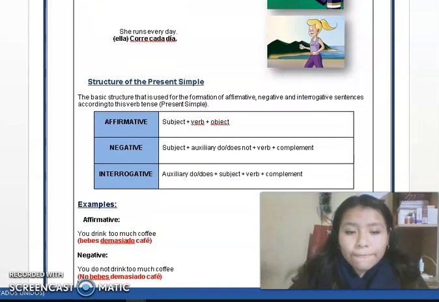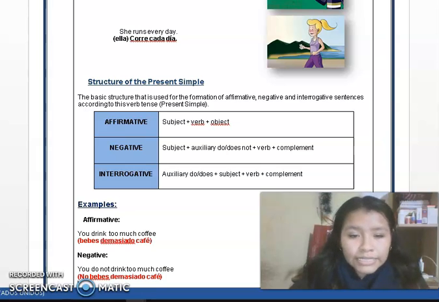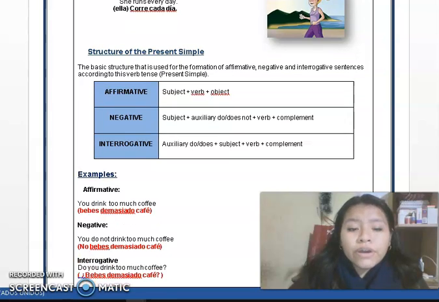In affirmative, subject plus verb plus object. In negative, subject plus auxiliary do or does plus not plus verb plus complement. And interrogative is auxiliary do or does plus subject plus verb plus complement.